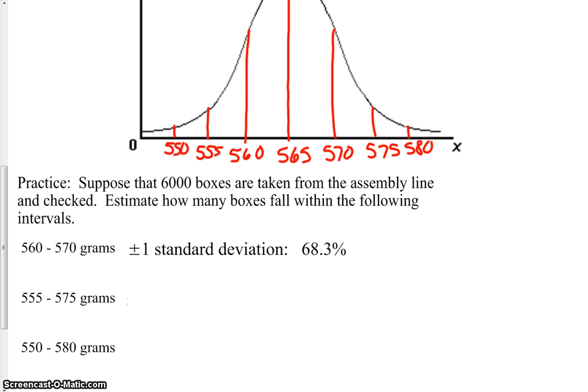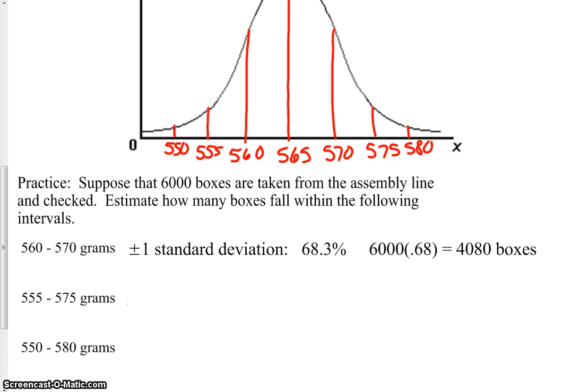If we calculate 68.3% of 6,000, we multiply it by 6,000. I think I only multiplied by 0.68 instead of 0.683, so check the math. It's somewhere near 4,080 boxes though.